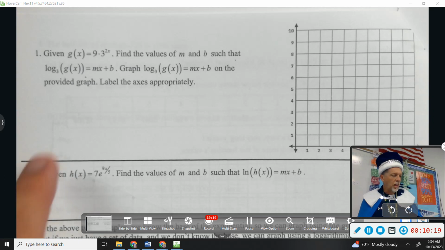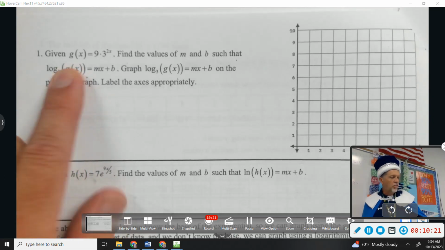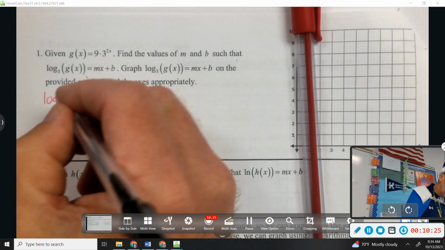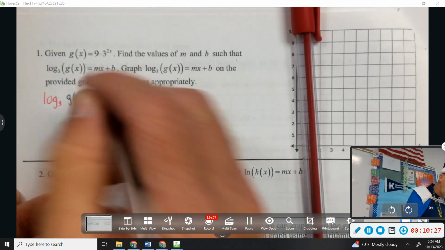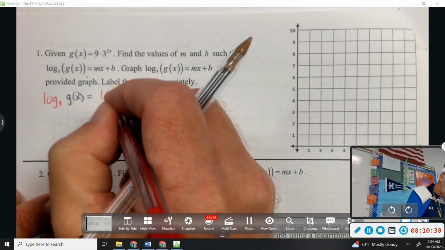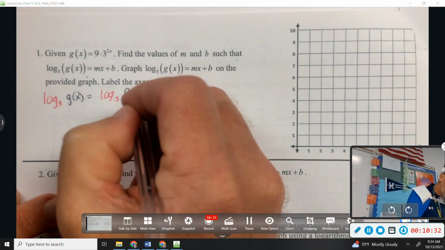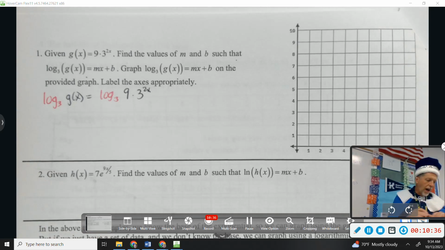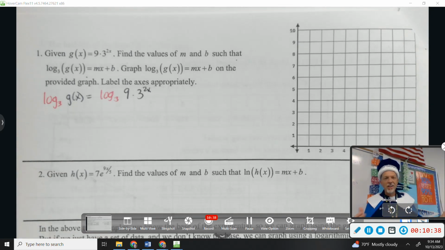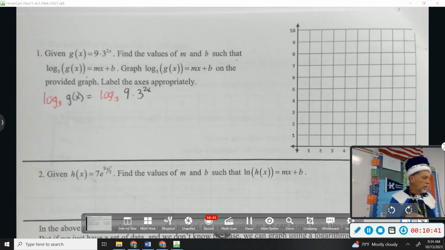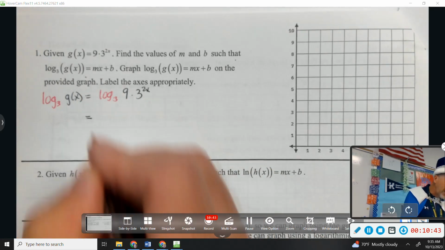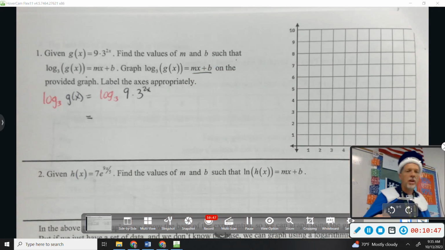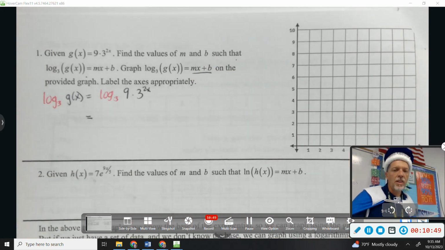So if you want log base 3 of g of x, well, let's take log base 3 of both sides. So I've got my left-hand side done. Now I need to use my algebra properties on the right-hand side to get it to look like mx plus b. So I'm going to hit pause because I think you know how to do this.